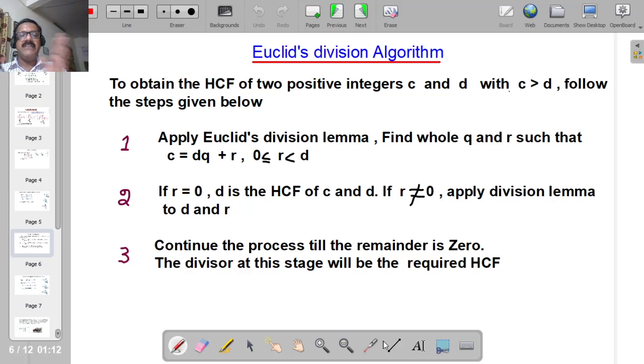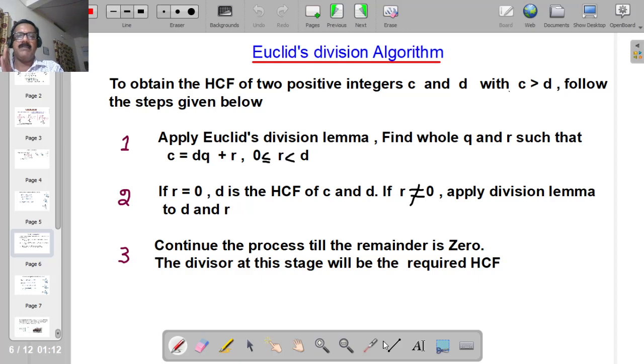Then we will divide c by d. When we divide c by d, let q be the quotient and r be the remainder that we have got. Now we will express c as d times q plus r, which is the remainder.